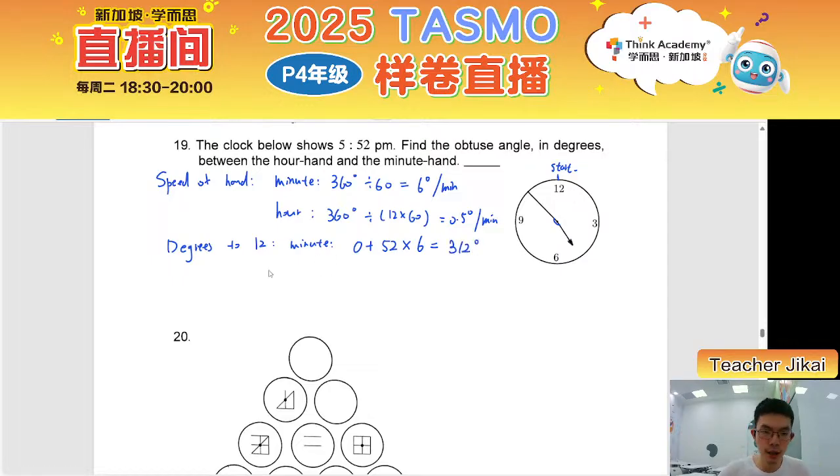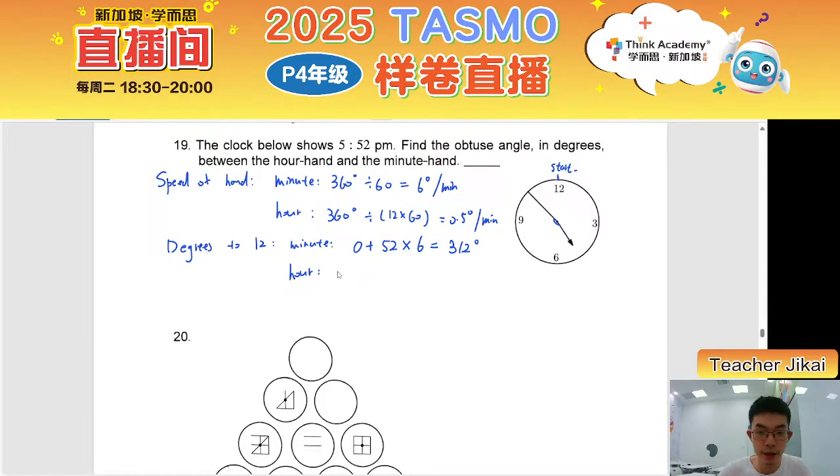So how about the hour hand? At 5 o'clock, is it heading at the 12 here? No, it will be heading like here, right? At 5 o'clock, originally it will have some degrees from the starting point.